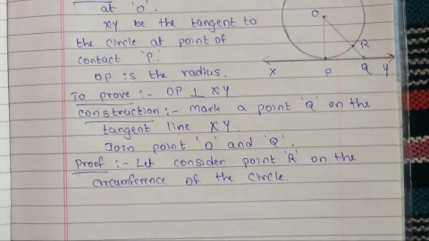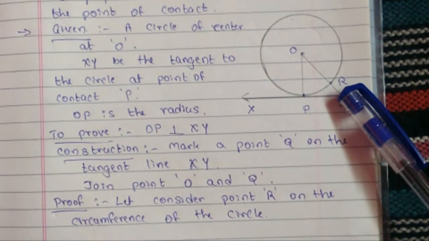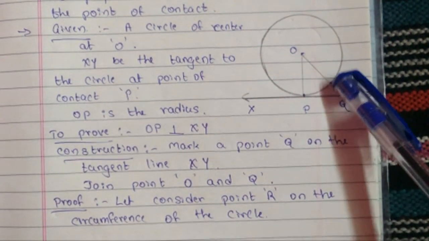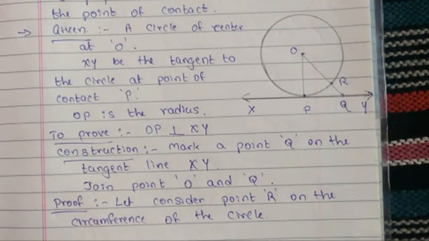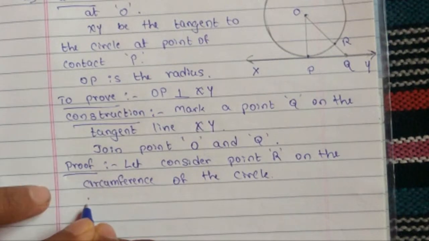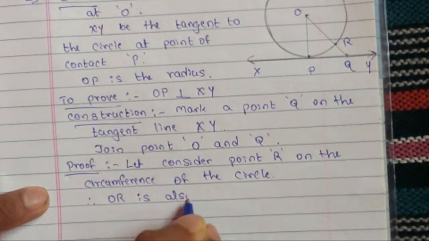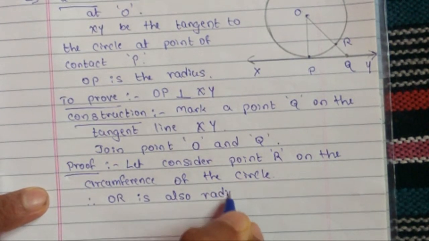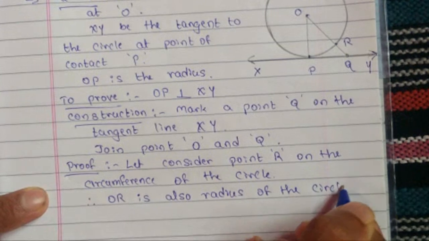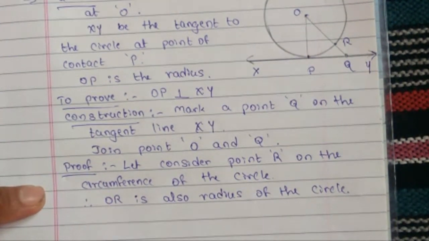When we consider a point on the circumference of the circle, see here, this is point R, and the line joining the center and point on the circumference of the circle, that is R, it forms again a radius. Therefore OR is also radius of the circle.